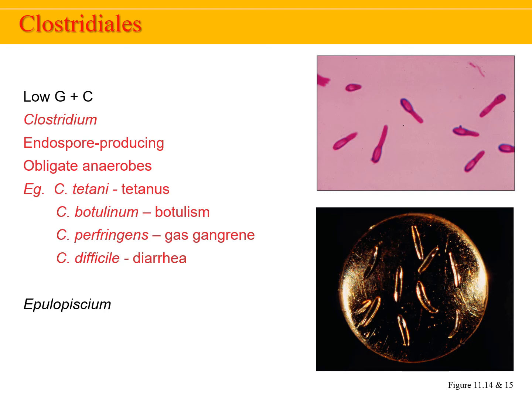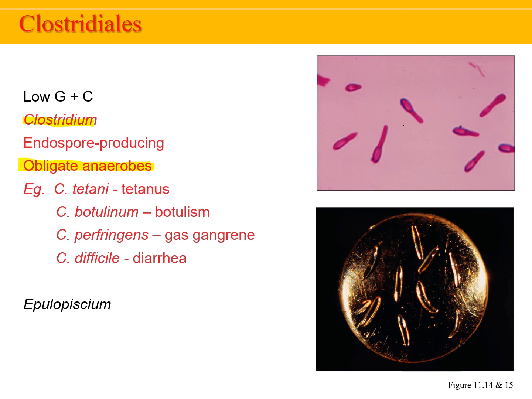This is an especially important group that I've spoken to you about before. This particular genus, Clostridium. All members of the genus Clostridium that we talk about are obligate anaerobes. They will not be able to live in the presence of oxygen. Oxygen is toxic to them.